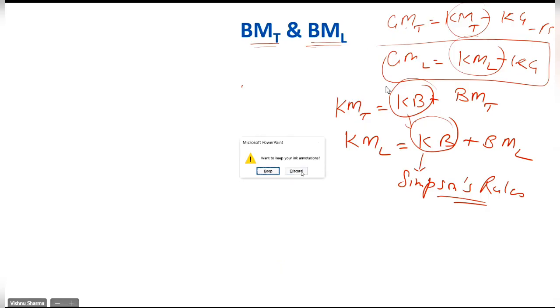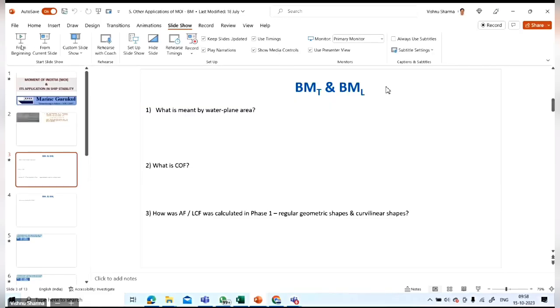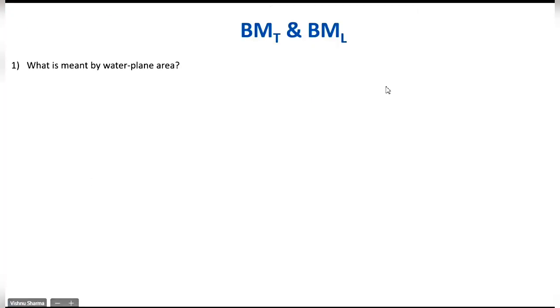Okay. Now, basically what you have to focus upon is what is meant by water plane area. First thing you have to understand is what is water plane area. Many of you may know it, especially those who have done classes with me.